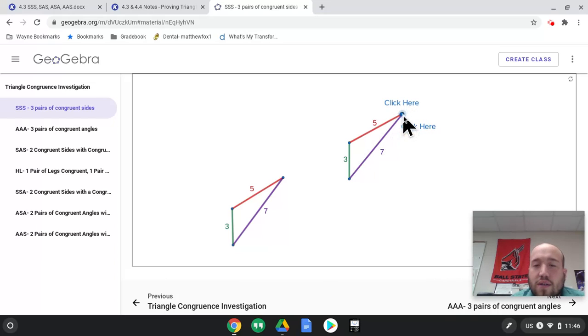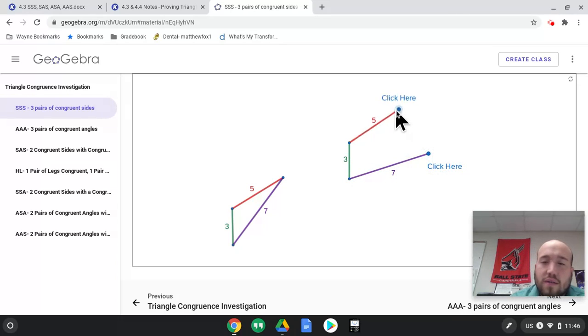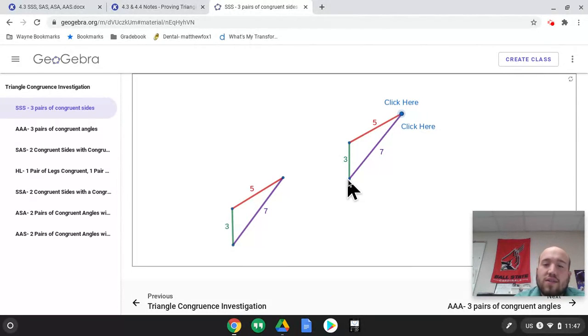I have to move that slightly. The only way they will match together is if it's the exact same triangle.